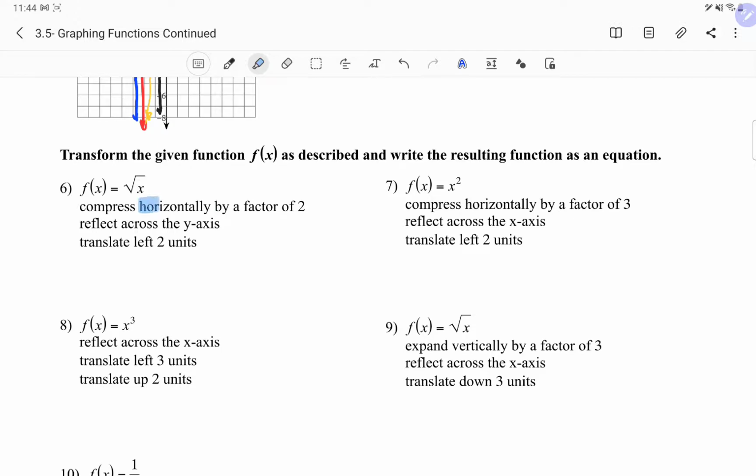So if it's compressing horizontally, that is going to be affecting just the x value. Okay, so it is only affecting the x value.